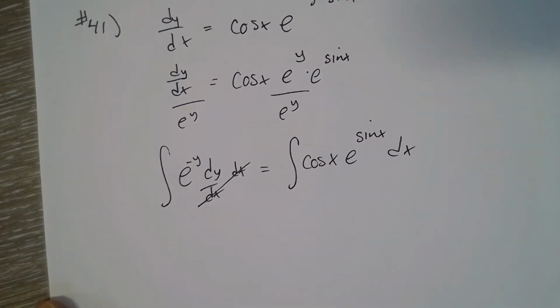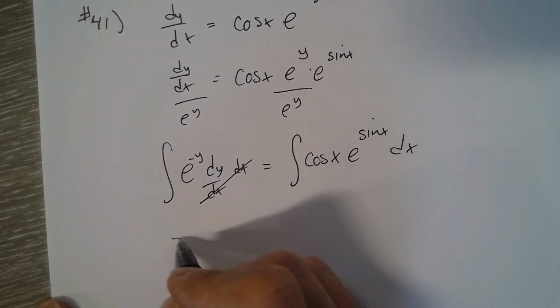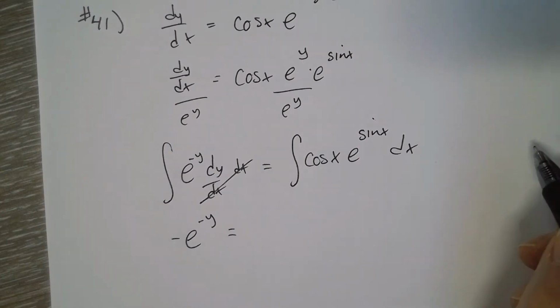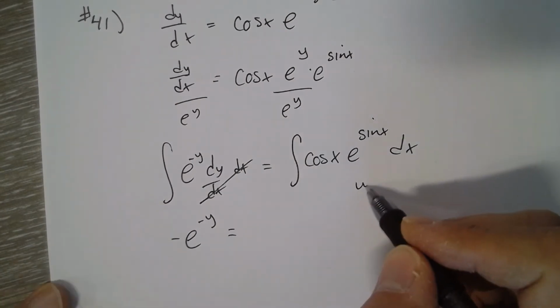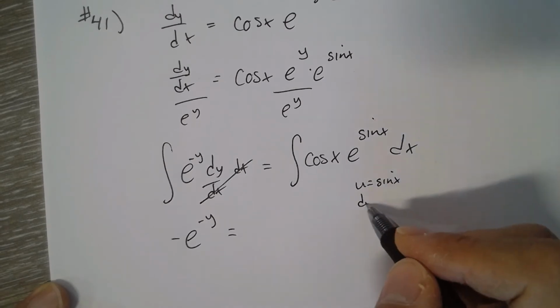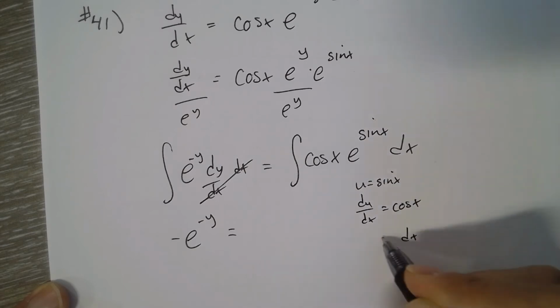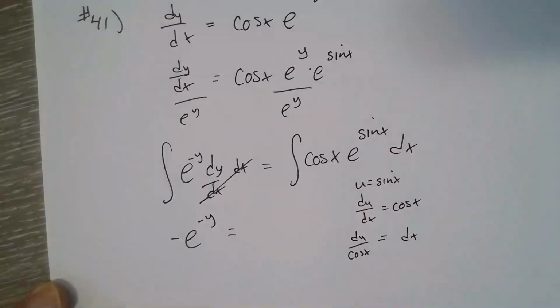So we can find the antiderivative, which is negative e to the negative y equals, this is a little u substitution going on right here. So u is sine x. So dx equals du over cosine x.